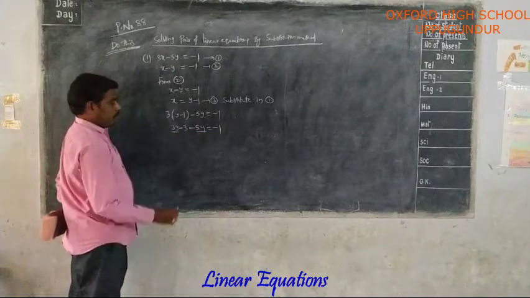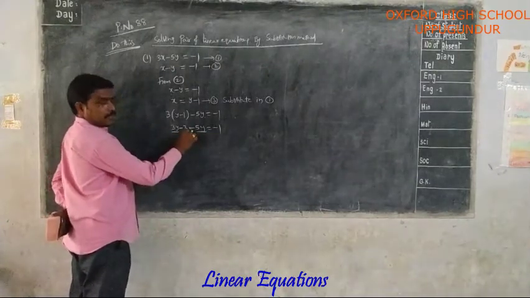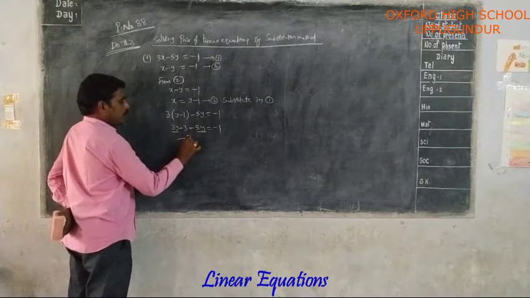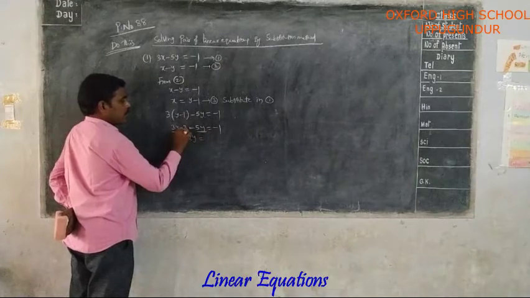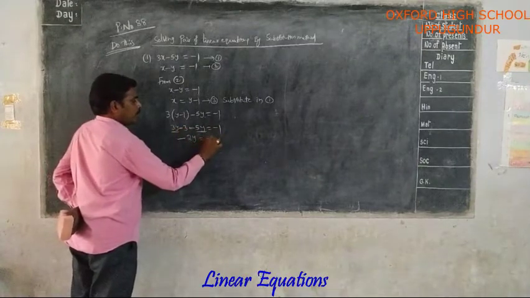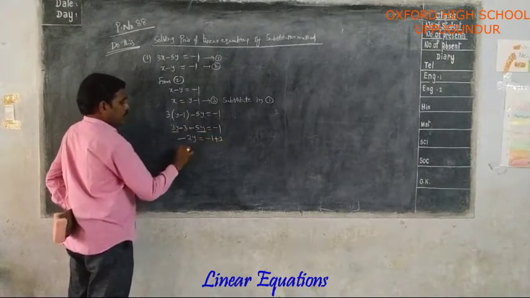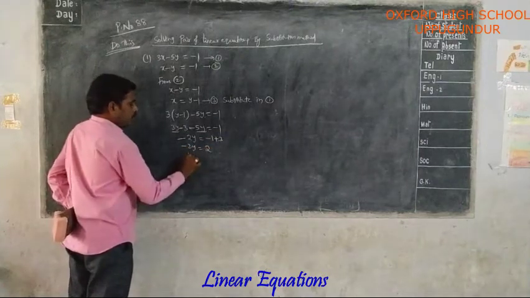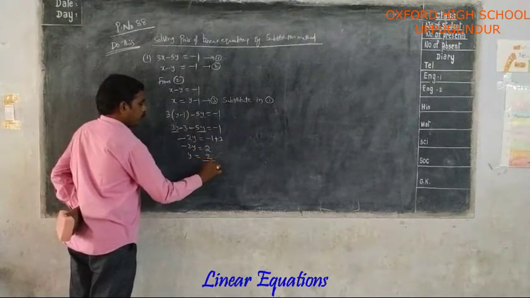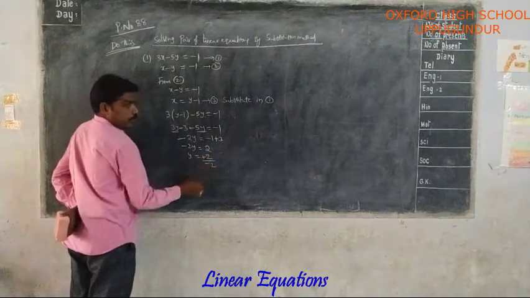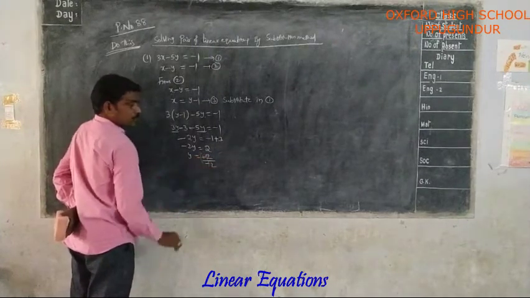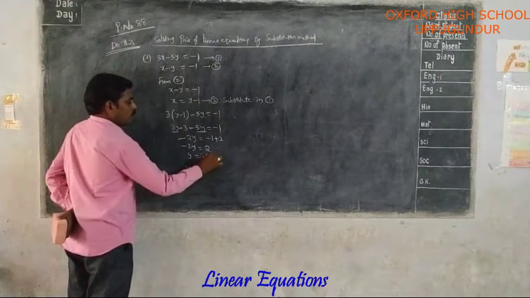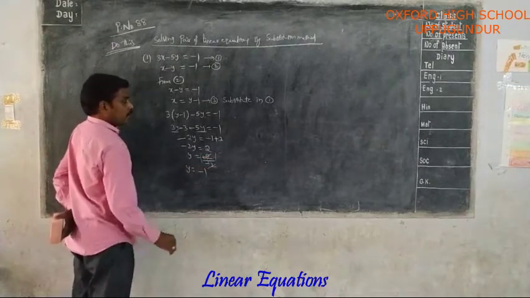This is positive, this is negative, so we have to subtract. 3y minus 5y is minus 2y equal to, transposing minus 3 to that side, minus 1 plus 3. Minus 2y equal to 2. y equal to 2 by minus 2. Numerator and denominator have opposite signs, so the sign of the division is negative. 2 ones are 2. So y equal to minus 1.